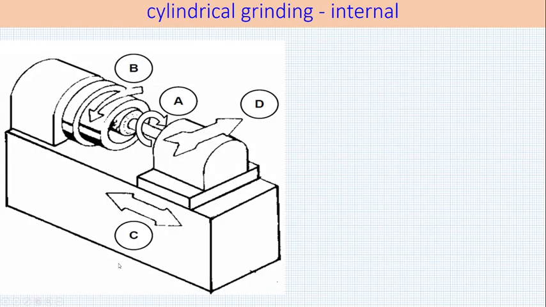Now let us come to cylindrical grinding, but this is a different cup of tea. This is internal grinding. Internal grinding is very interesting. I will come to the interesting part later on. So this is your workhead, which imparts motion NW to the workpiece, which leads to VW, the work speed.